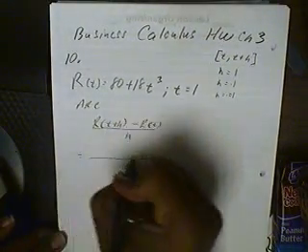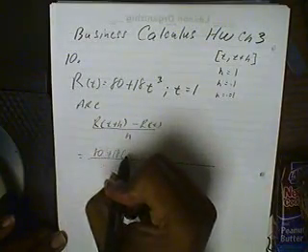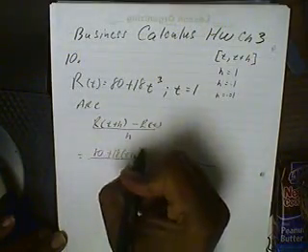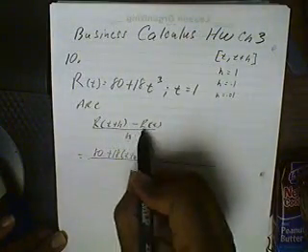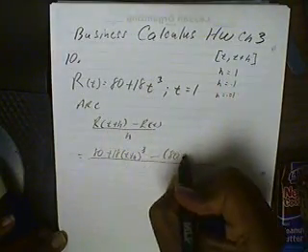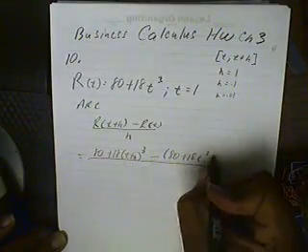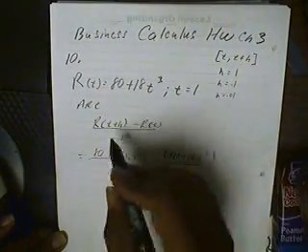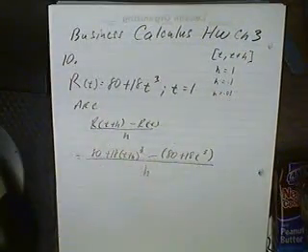So this will be 80 plus 18 times (t plus h) to the third power, minus r(t), which is the original formula. So we'll put a parenthesis here, minus (80 plus 18t to the third power), and we'll close that parenthesis there, and everything will be over h.